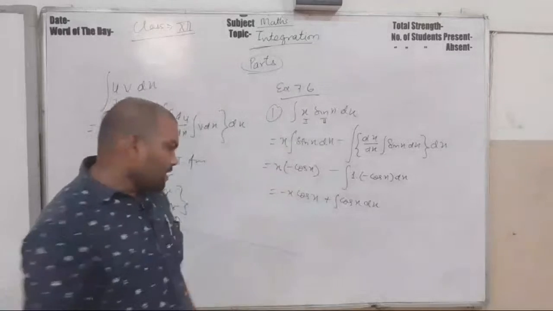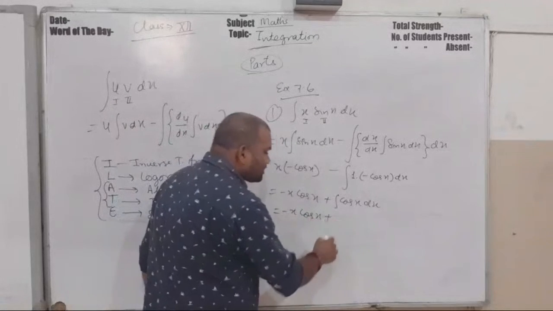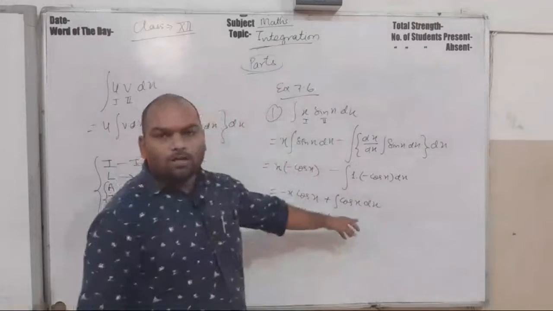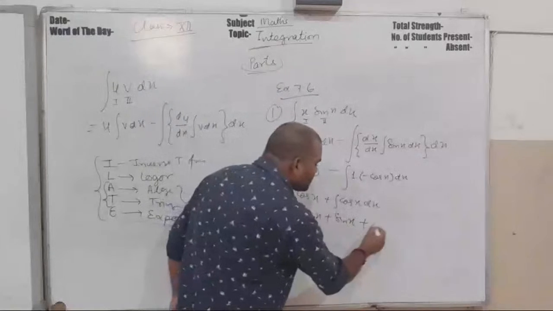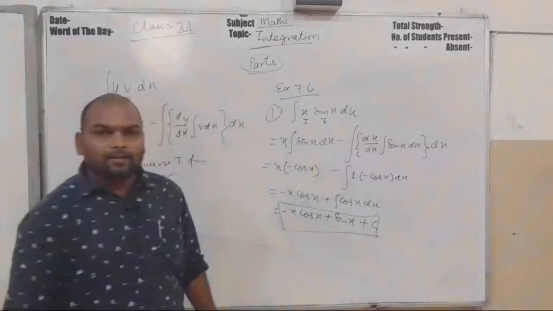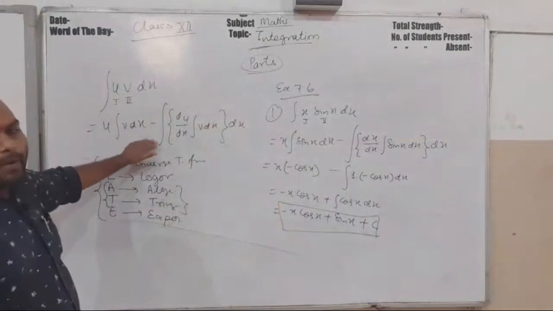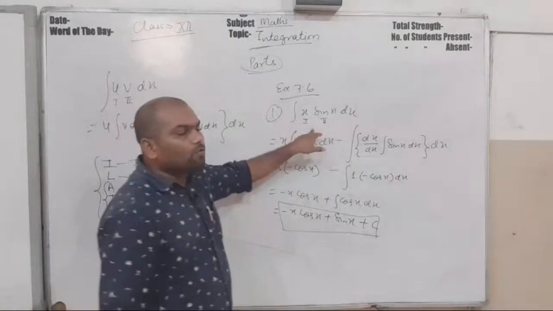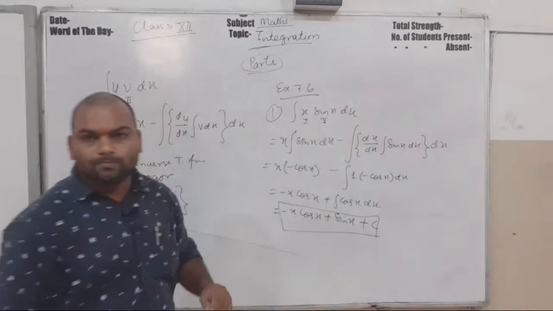That is minus x cos x plus, now integral of cos is sin x, plus a constant c. Okay? So in this way, using this formula we can integrate the product of two functions.